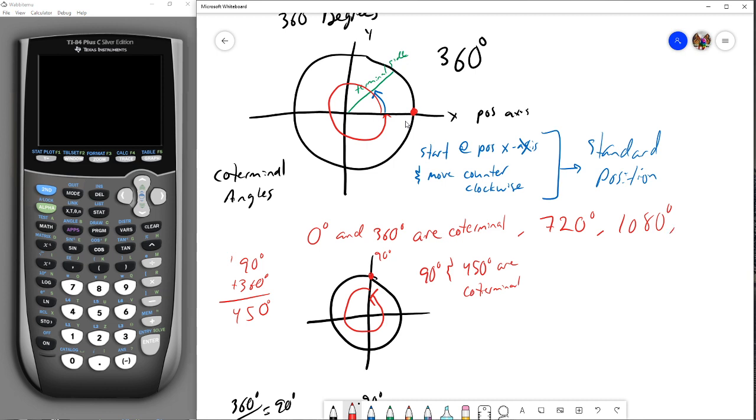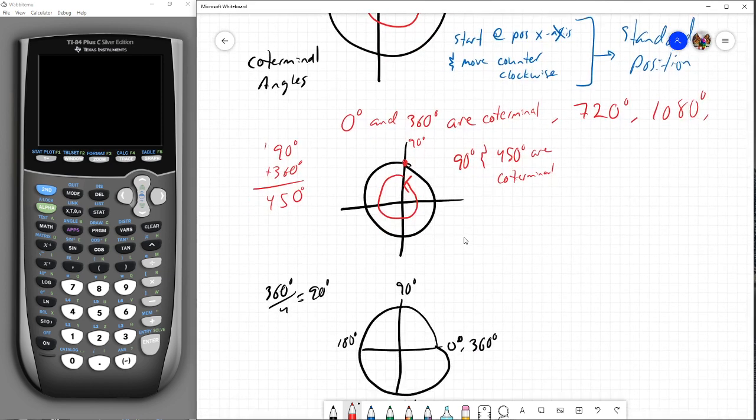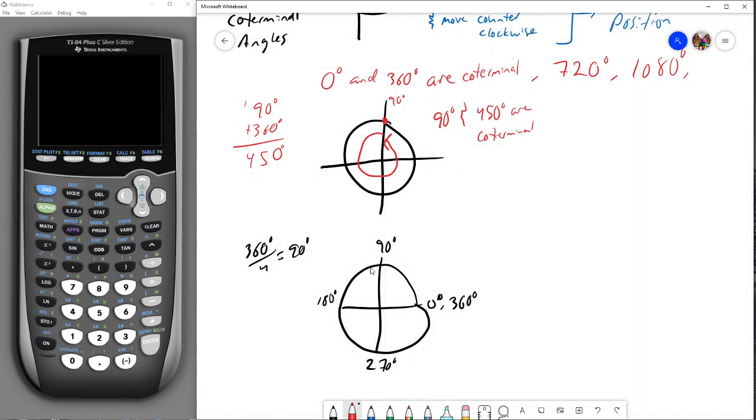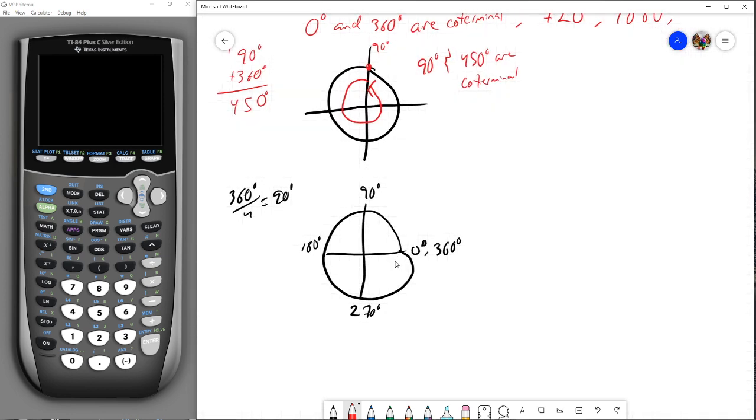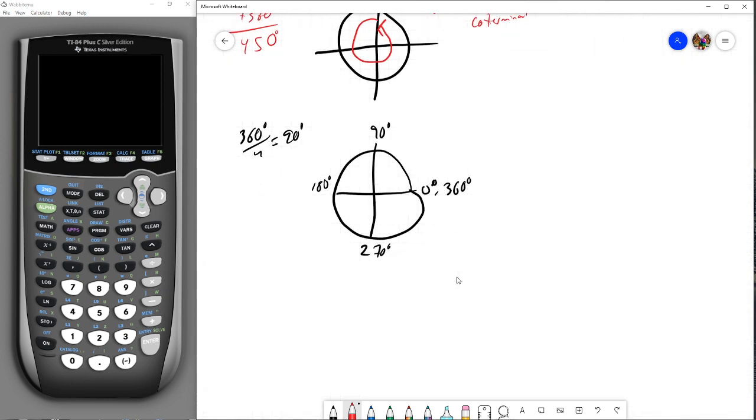And in fact, there's an infinite number of coterminal angles, because I can just keep going around. 0, 360, 720, 1080, add another 360, add another 360, keep adding 360 for however many times you go around a circle. So you do have an infinite number of coterminal angles. And we talked about 4 different angles based on how far along the circle you go.